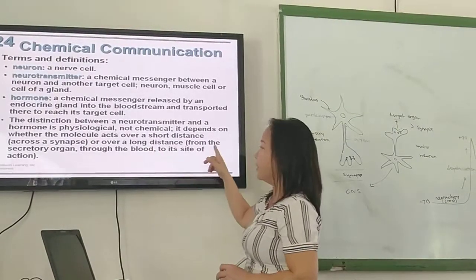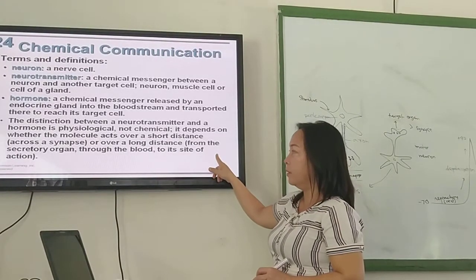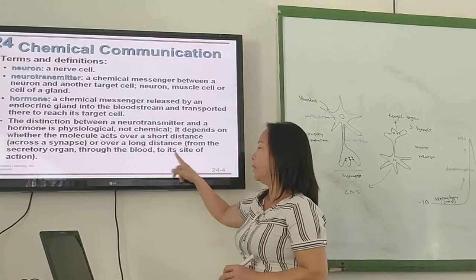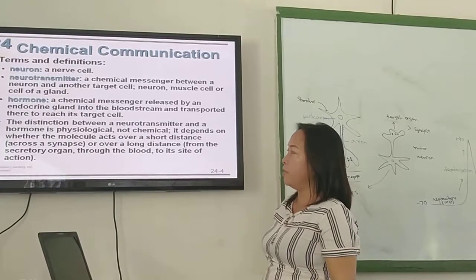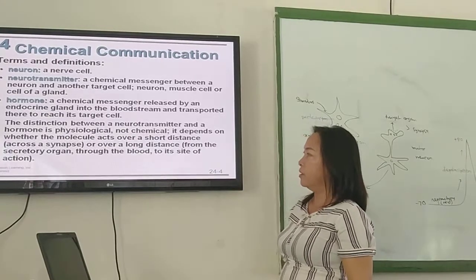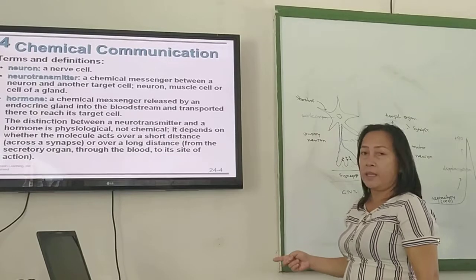Or over a long distance from the secretory organ, meaning from the endocrine organ, then released to the blood and to its target organ for an action. So that's how they differ. And since it passes through the blood, as I have said, then it takes long.